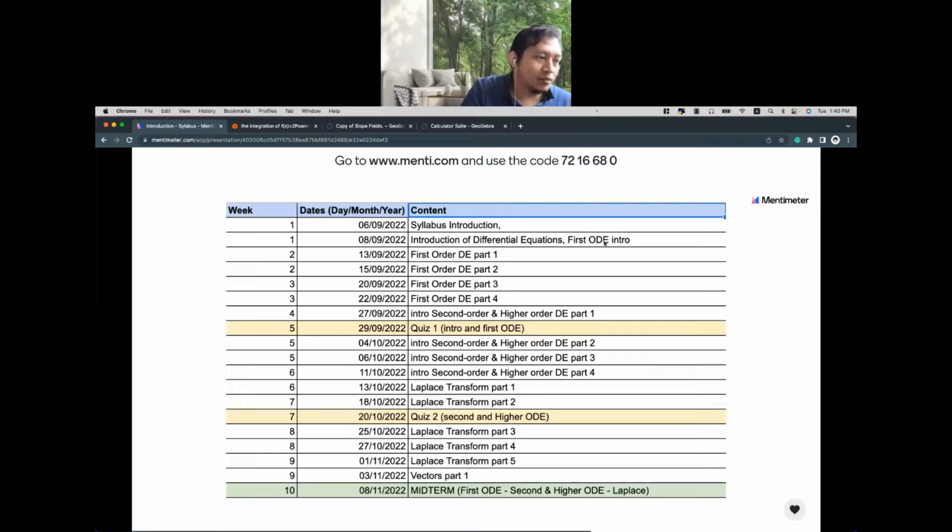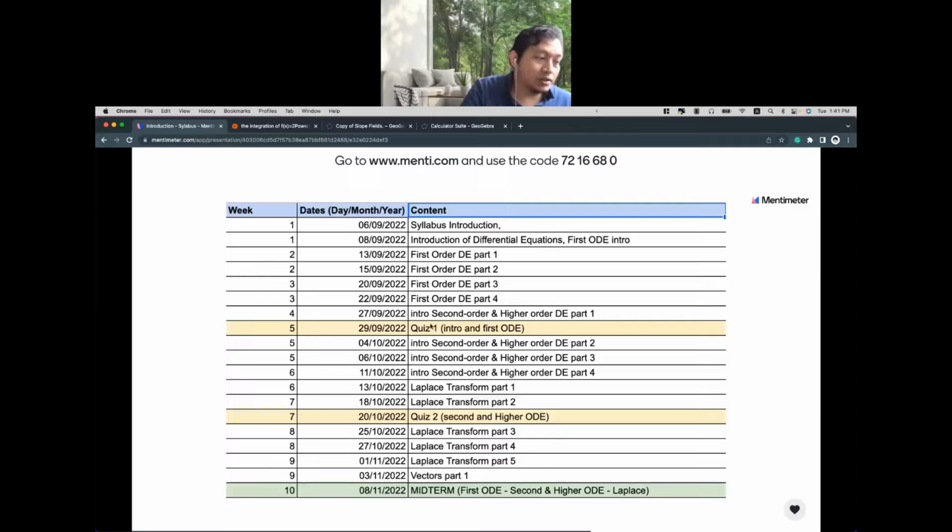And then we move to the ODE, meaning the first order differential equations. There are several parts here, and hopefully I can finish by this 22nd of September, and then I'm going to the second order or higher order.